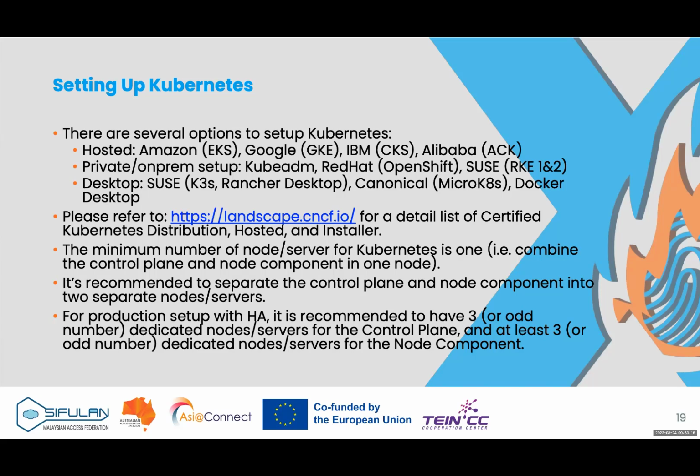And for a production setup with high availability or HA, it is recommended to have 3 or an odd number of dedicated servers for the control plane, and at least 3 or an odd number of dedicated nodes for the node component.